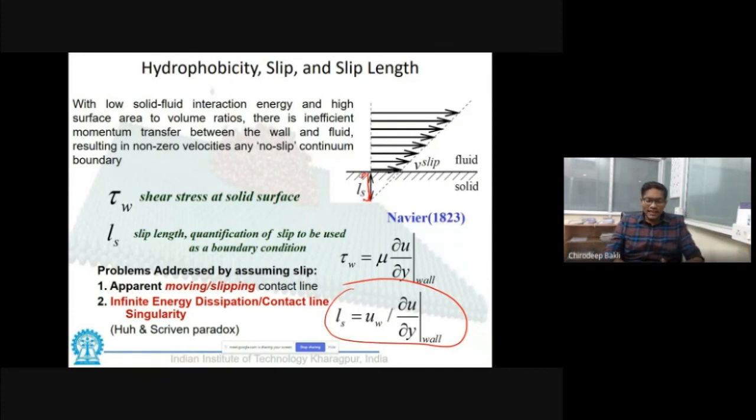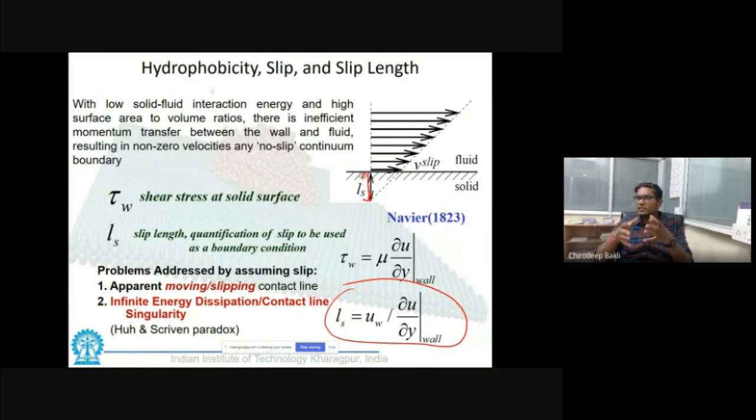But there is a problem between these two conditions. If I want to have free surface-driven transport, I need to make my surface hydrophilic, because if the contact angle theta is not acute, then surface tension times cos theta would not be positive. It would not be causing rise of water in the capillary.